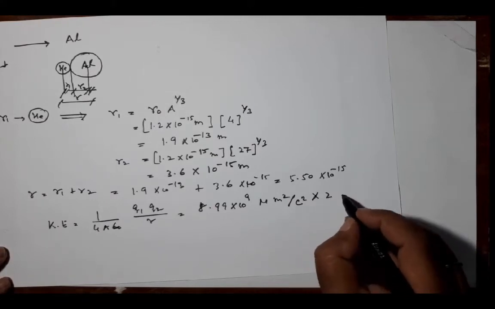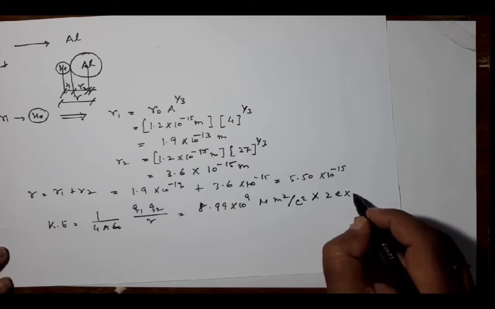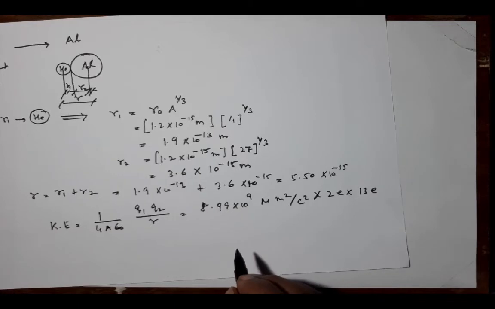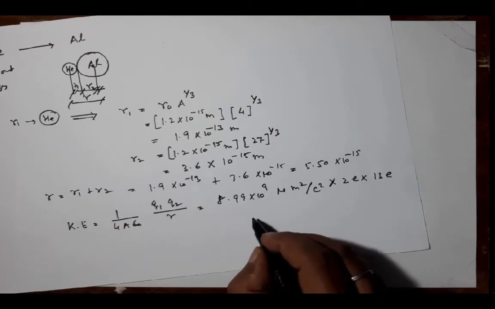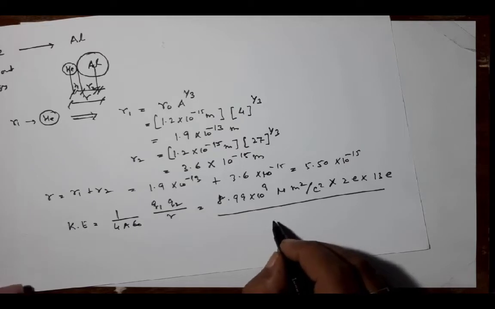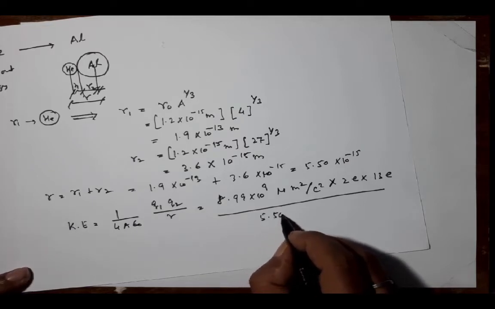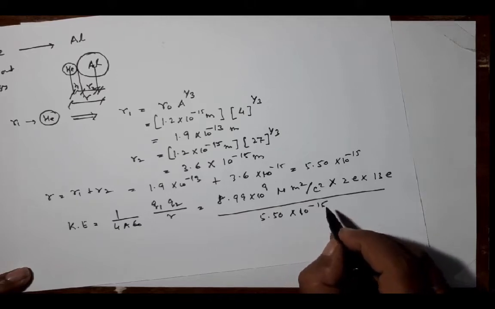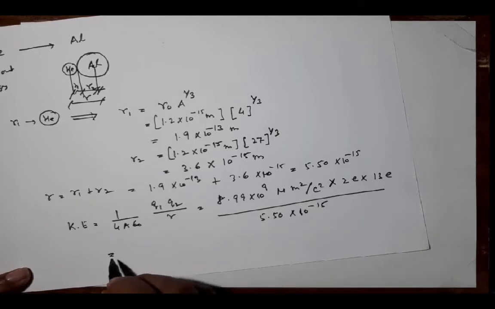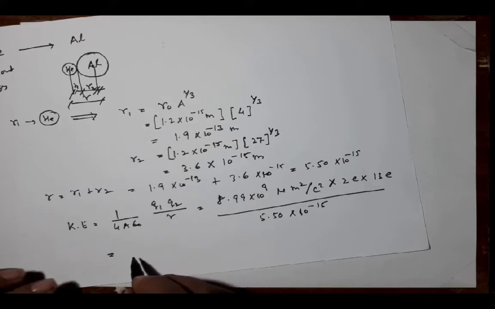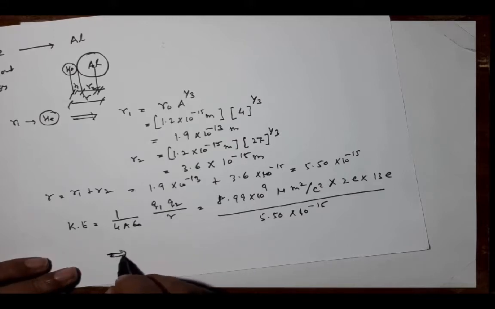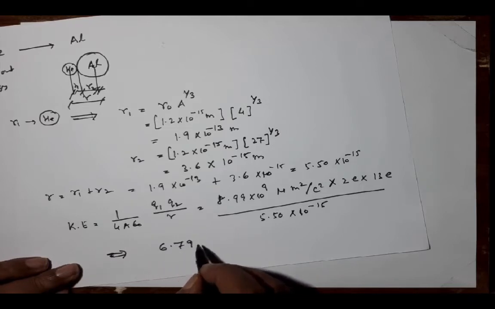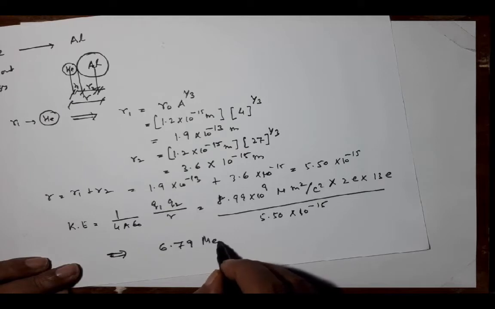Protons are there, that means 2e, into aluminum. Protons are there, that is 13e, divided by 5.50 into 10 raised to minus 15. If you simplify, this will come out as 6.79 MeV.